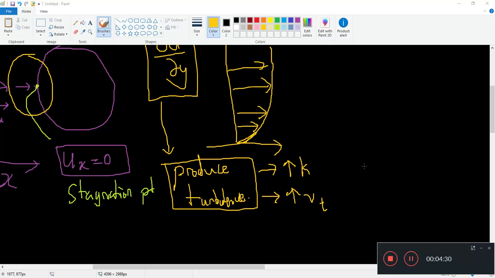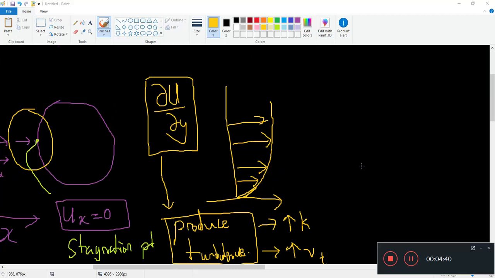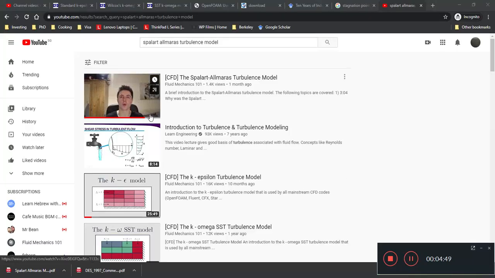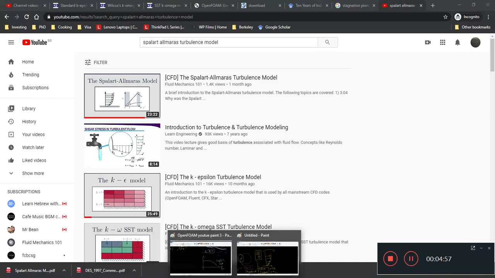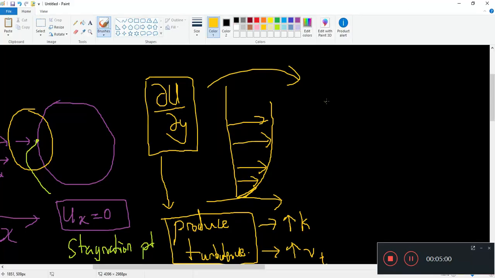One of the illustrations I found helpful was in Fluid Mechanics 101, by Dr. Aiden. He explains a little bit of this in his Spalart Allmaras video. If you go on YouTube, you'll find it here, and this is his video. I highly recommend you watch it, and some of his other videos as well. Basically, he likes to think of it like so.